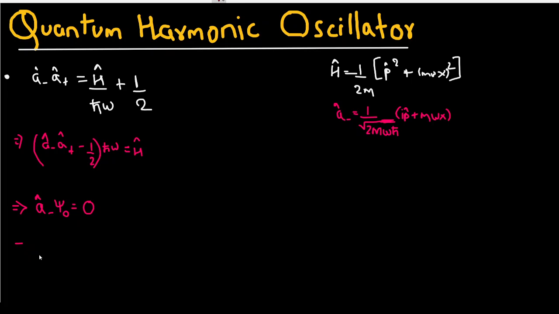So after writing this, we get A cap minus, 1 over root under 2 m omega h cut, and in brackets iota p cap, where p is the operator of the momentum, plus m omega x, applied to psi naught, and psi naught is equal to 0. Okay, so we have written this expression.